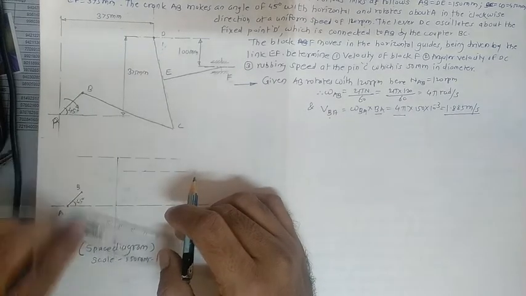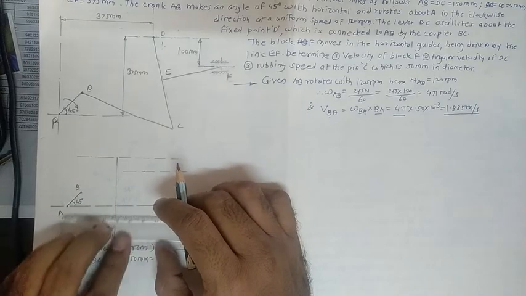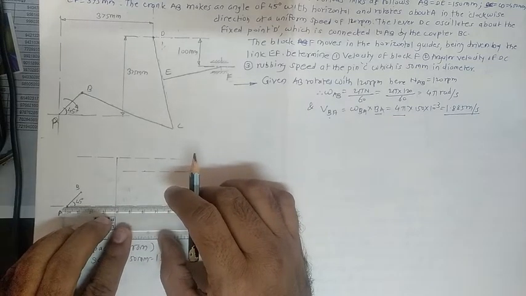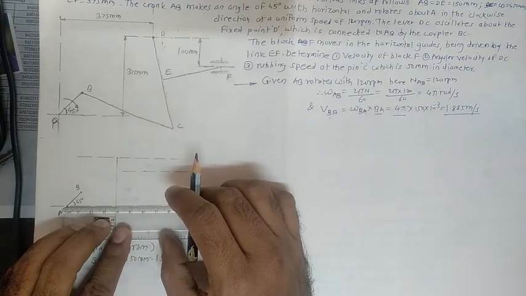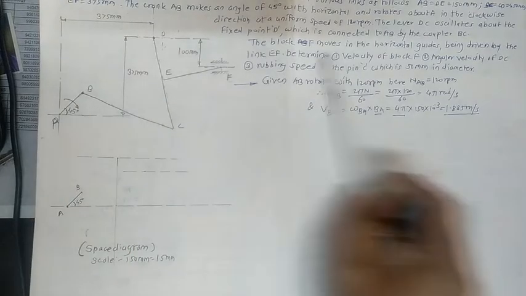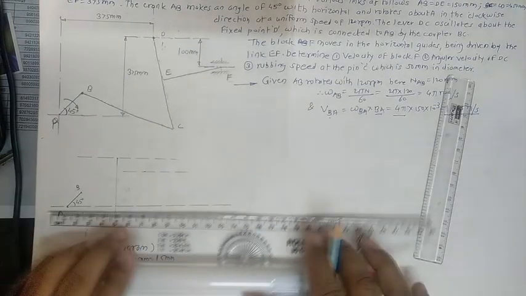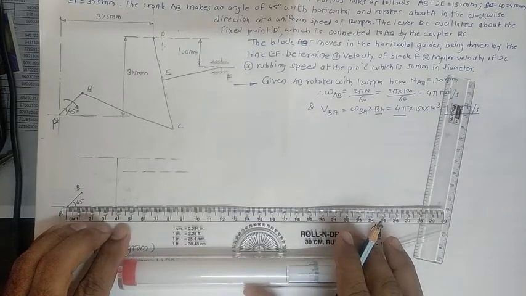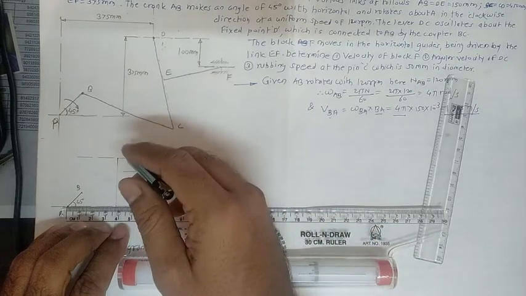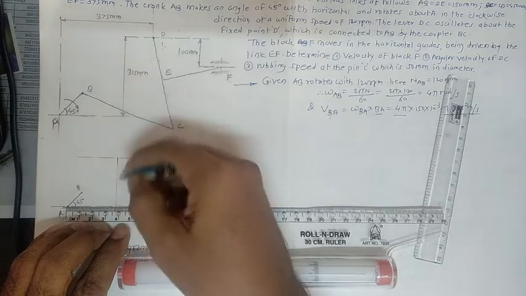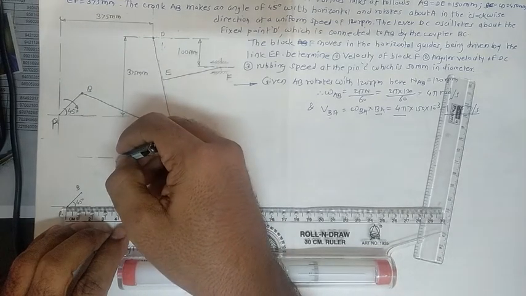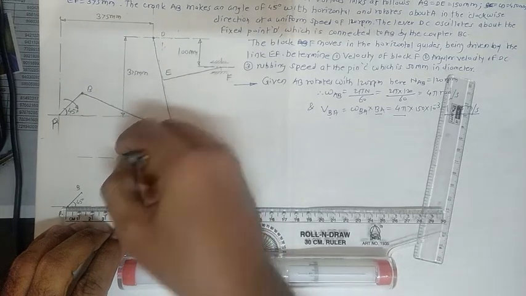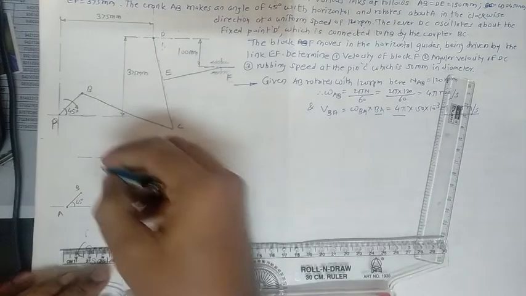Apart from this, the location of D is also given with respect to this point, at a distance of 375, so mark this D point.